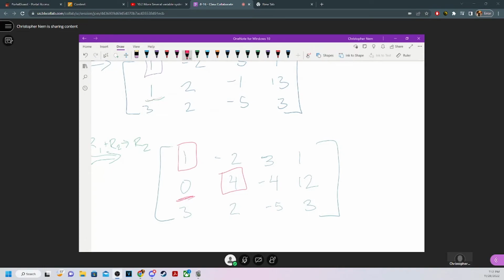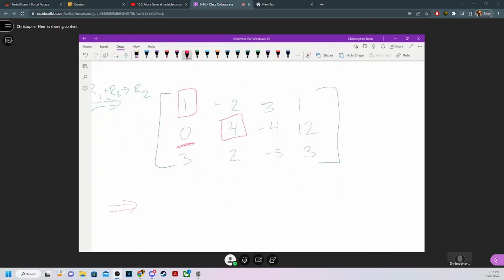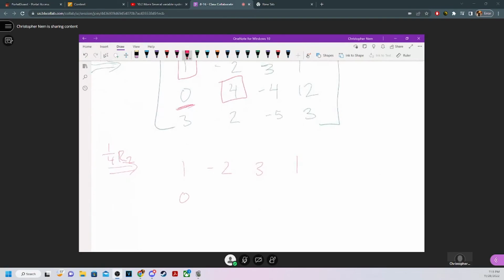So I need to do something to row 2 without affecting that first entry. And then you should have stated that you're going to scale row 2 down by 1/4. If you do that, you have 1, negative 2, 3, 1; 0, 1, negative 1, 3; 3, 2, negative 5, 3.